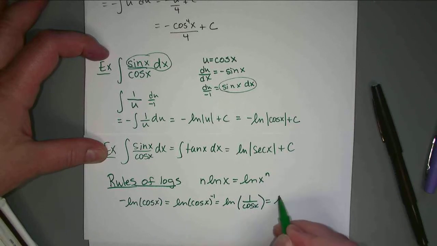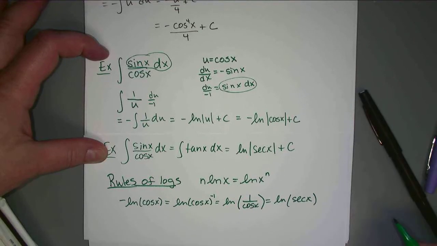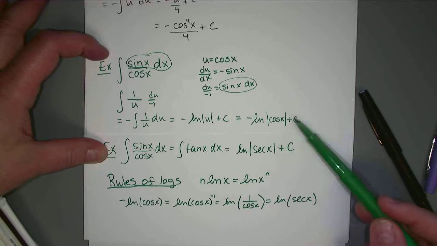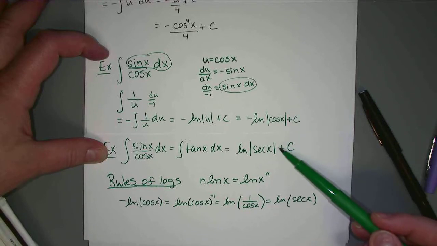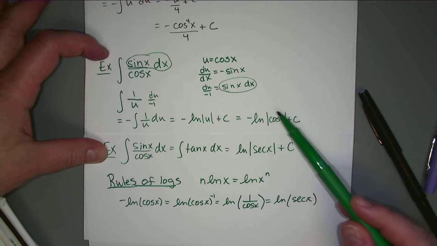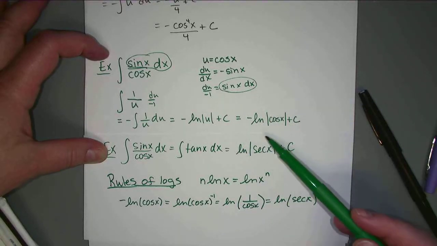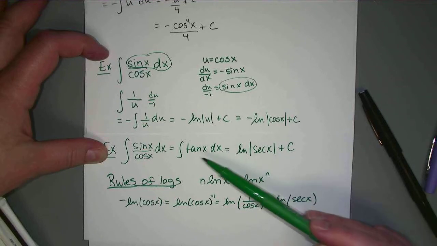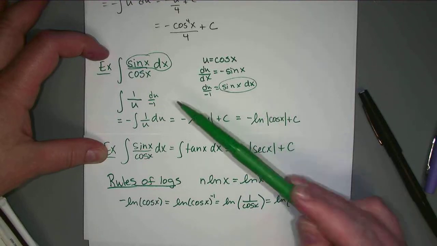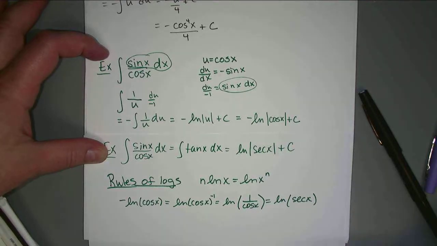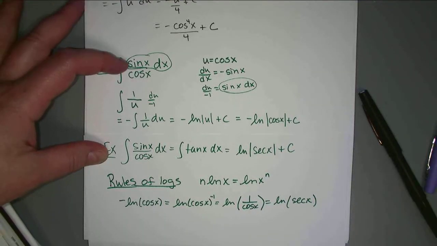Well, 1 over cos x is secant. So both of these answers are right because they're both the same thing. They're no different. You could actually use this as a proof that the integral of tan is ln of secant by doing the integral using the substitution rule and getting that. Okay, that's actually a proof.